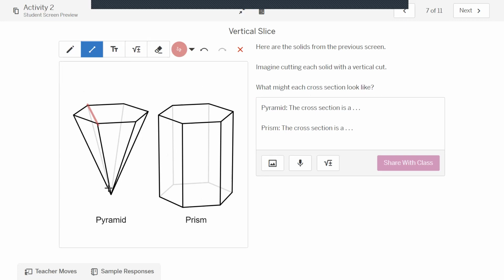It'll be kind of a triangular prism. That's what that would get. If you do the same thing here, it'll also be a triangular prism.